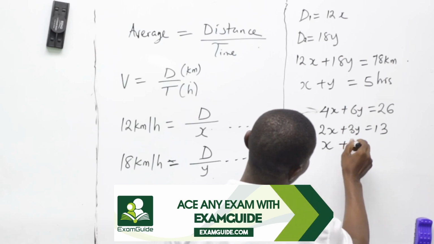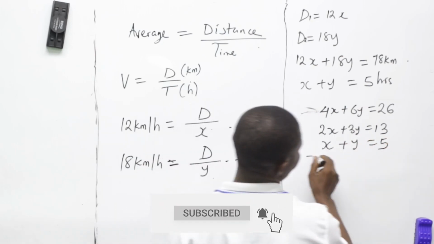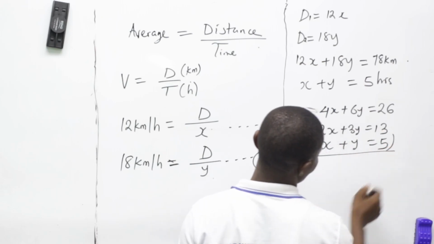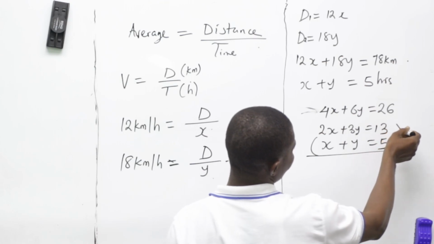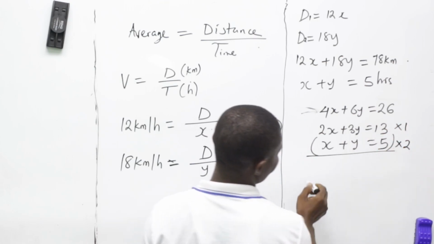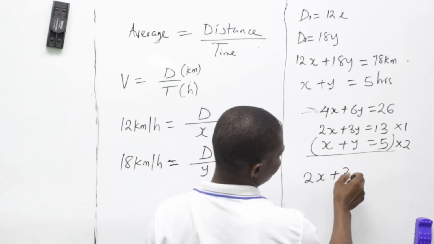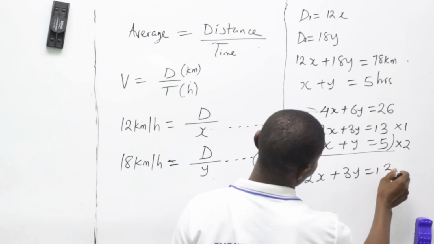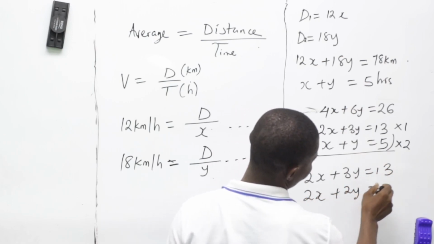Then x plus y equals 5. By elimination method, they are not equal. So what do we do? Multiply this one by 2. That is 2x plus 3y equals 13, and 2x plus 2y equals 10.